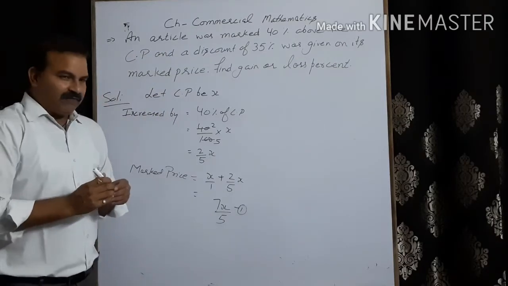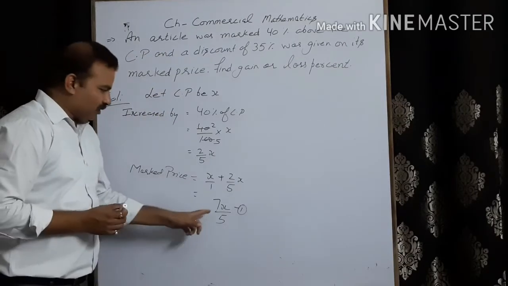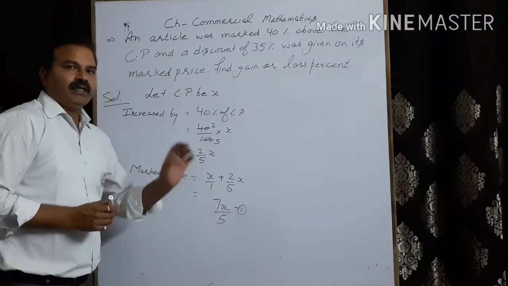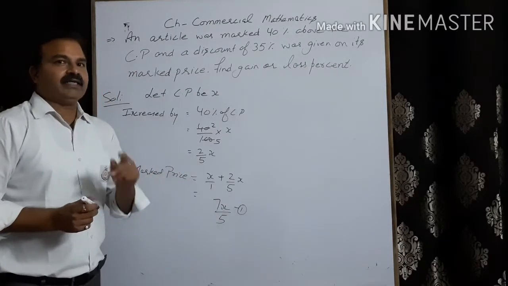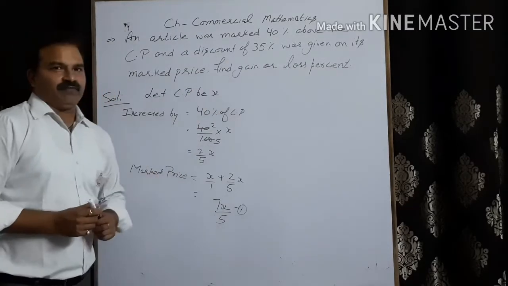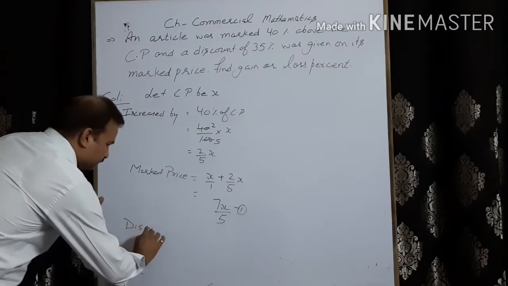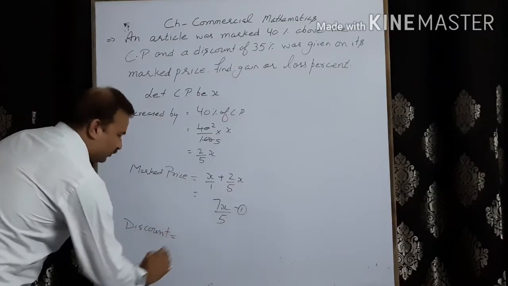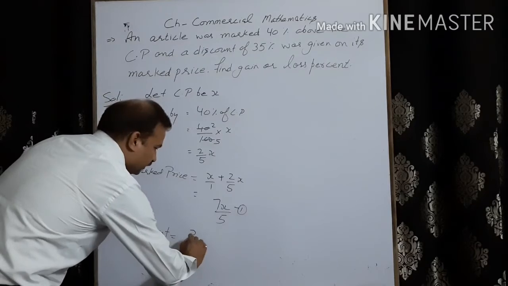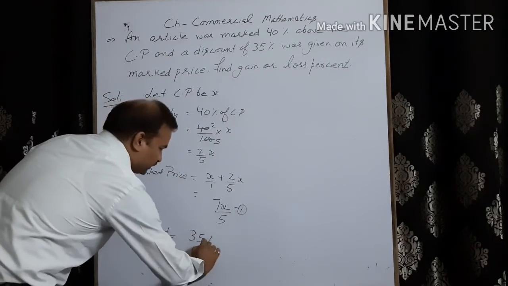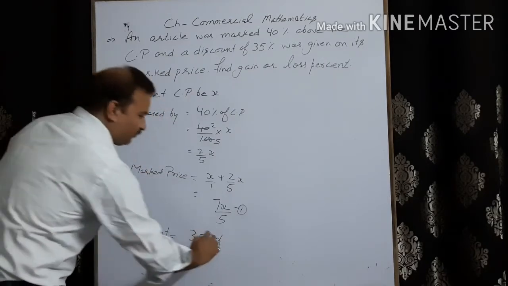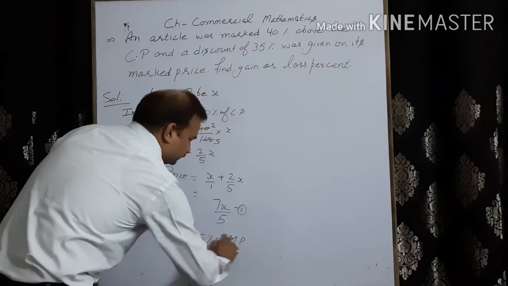Now after marking the price at this amount, he is giving a discount of 35%. Now discount is 35% of that mark price.